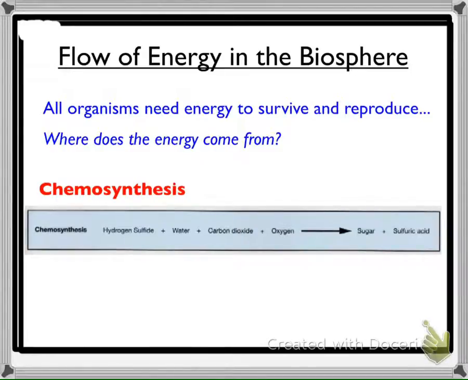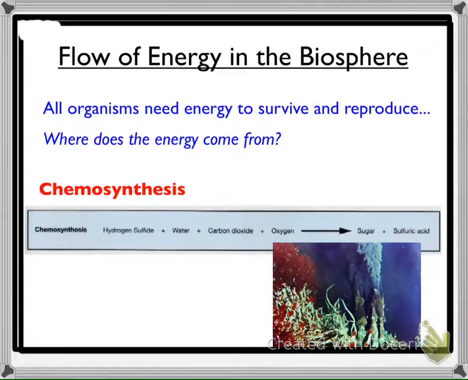Now, the waste product of chemosynthesis is actually sulfuric acid. So it's a very different ecosystem where chemosynthesis is involved. And we usually consider it to be less of an important process than photosynthesis. Although, since 1977, we have discovered lots of other bacteria and other microorganisms that also use chemosynthesis. So it turns out it's not as rare as we once thought.